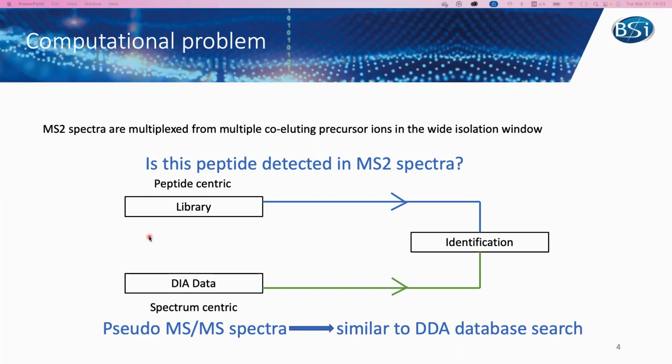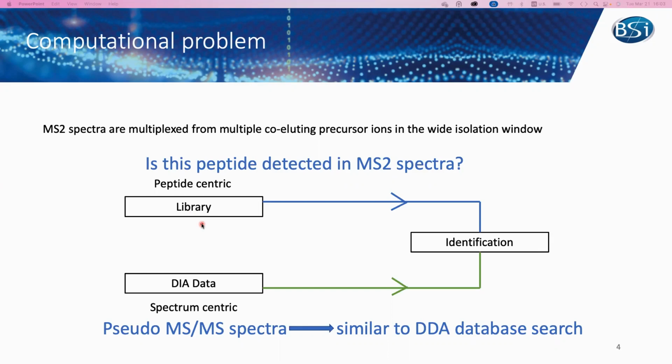On the other hand, the peptide-centric strategy seeks to find the evidence of peptides in the MS2 spectra. In the peptide-centric strategy, the m/z and retention time of the peptide, as well as the m/z and relative intensity of fragment ions in the previously generated library, are used to extract the peptide signals in the DIA MS2 spectra.